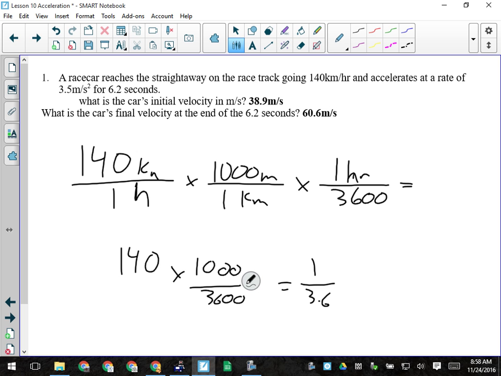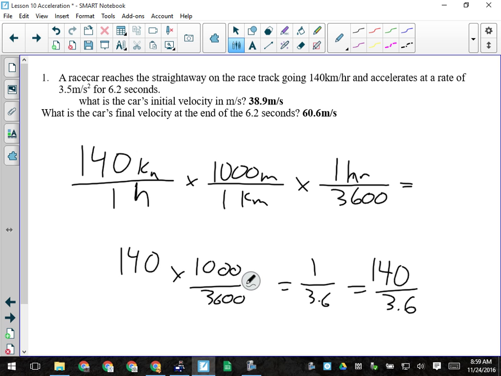So if I take 140 and multiply it by 1 over 3.6, isn't that the same as doing this? Right? 140 times 1 is 140 divided by 3.6. If I want to convert something from kilometers per hour to meters per second, I simply divide it by 3.6. If I want to go the other way, I multiply it by 3.6.